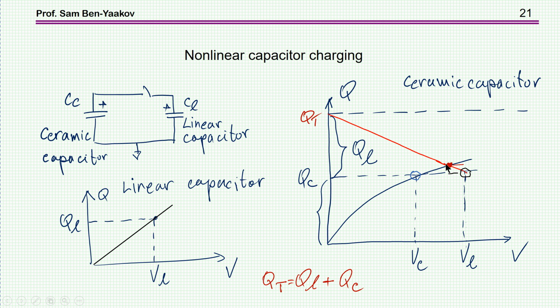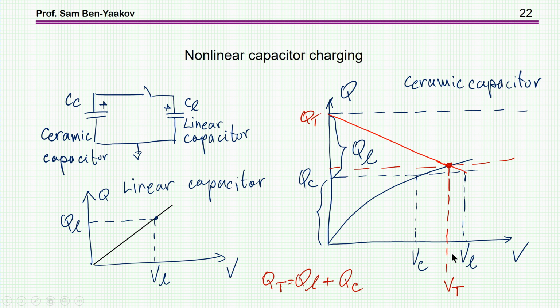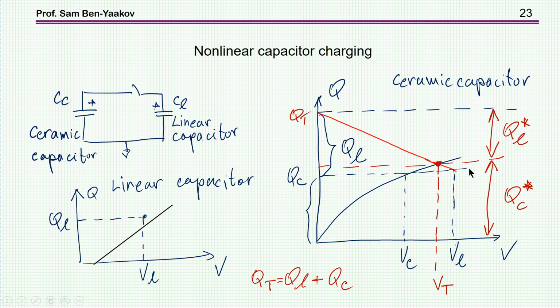Now we have an intersection, which means that this is the voltage of each of them after this connection. So Vt, this voltage, is the final voltage after connection. And once I have this point, I can actually look at the charge on each one of them, because if I have the voltage, then the charge is, of course, this height for the linear capacitor, and the charge for the nonlinear capacitor is, of course, from this point down on this curve.